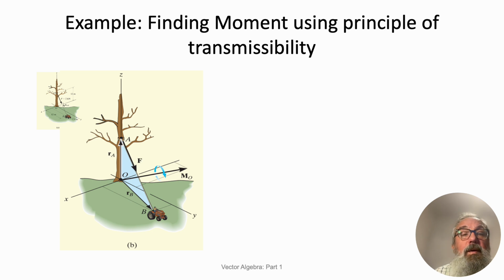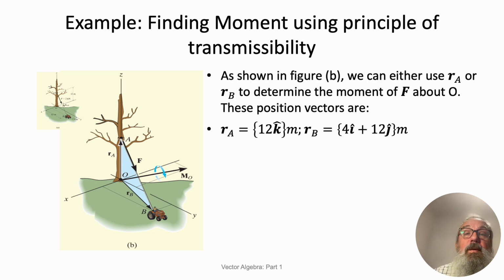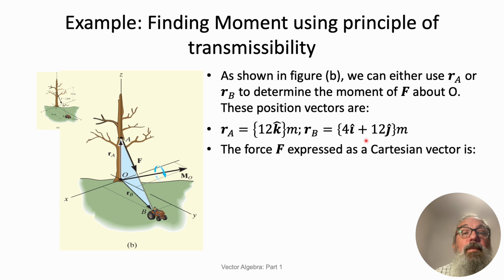Let's draw the plane that we're actually interested in here. So we can see that we could use either RA or RB to calculate the moment due to the force about O. So we calculate RA first of all, or RB, and we'll write it down in component form.